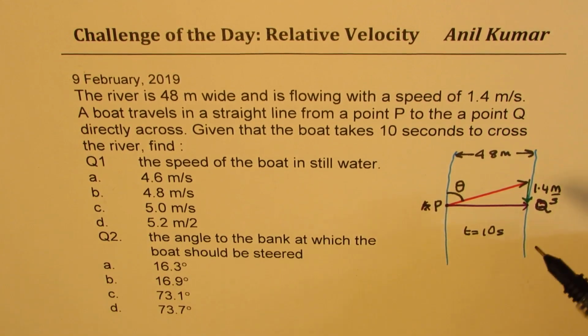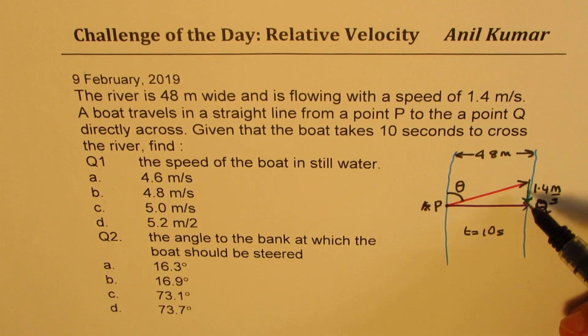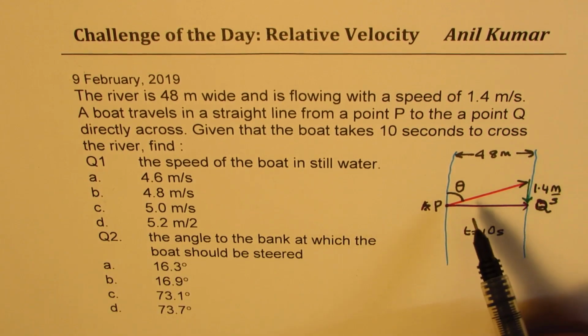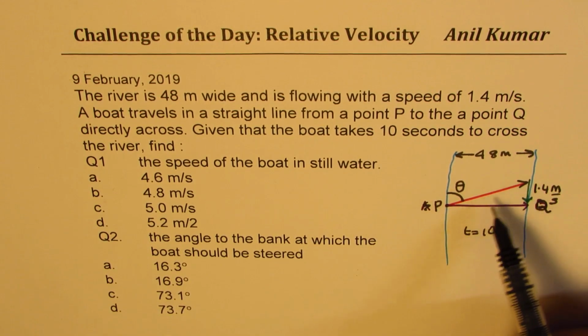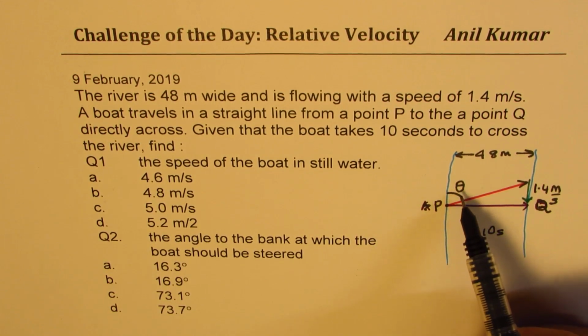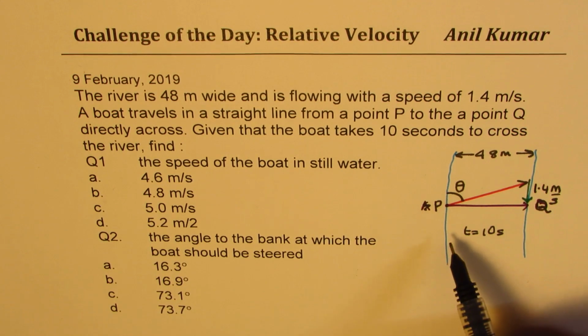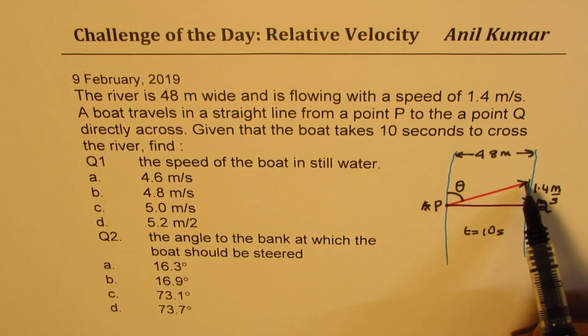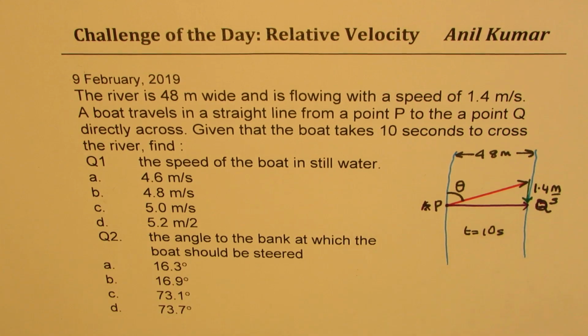Because of the water current, the boat will be pushed down, so you need to steer in a direction at an angle as shown here. We need to figure out what that angle should be so that the boat lands exactly at a point directly opposite. Let us see how to solve this question.